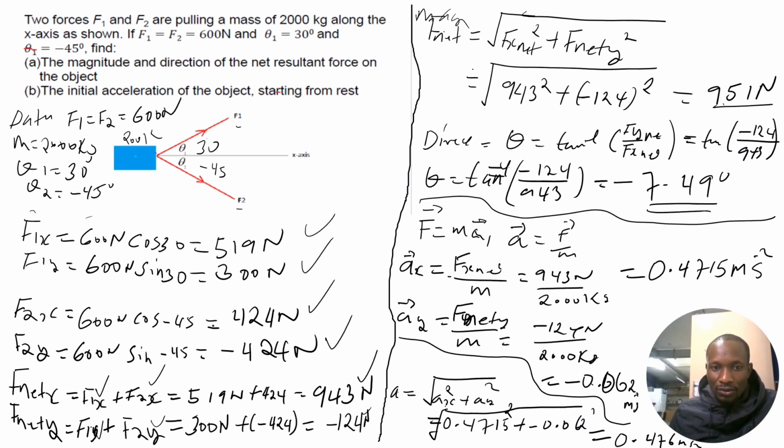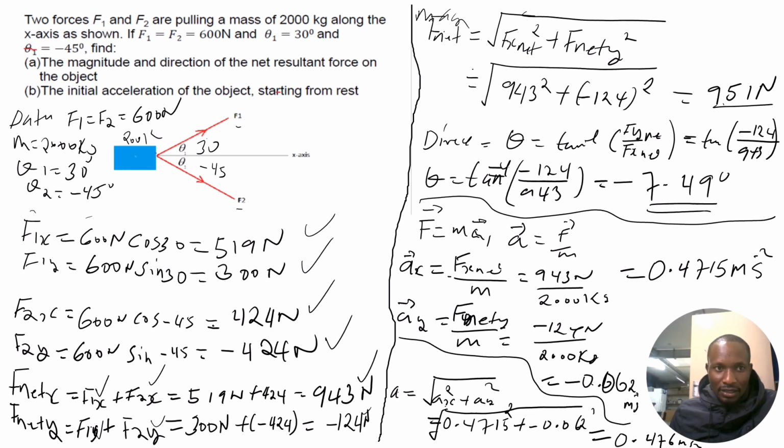So that is the magnitude of the acceleration, in case you are asked to find it. And if you are told to find the direction of the acceleration, this is how you can find the magnitude of the resultant acceleration if you are asked. But remember, in our question we are not told to calculate the magnitude of the resultant acceleration.